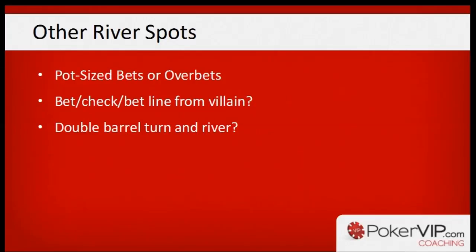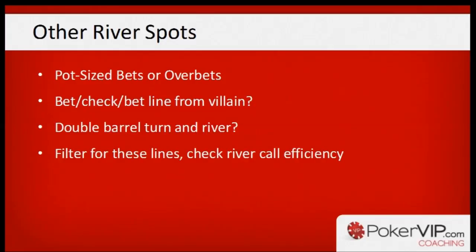We're probably also interested in reviewing situations where our opponents double barrel the turn and river. Maybe the flop gets checked through and they double barrel turn and river. Maybe they call our flop c-bet in position, and then when we miss our turn c-bet, they decide to go for a double barrel. So have a look at these spots, have a look at your calling range, have a look at your river call efficiency, have a look at what the average player is showing up with, and try and establish whether they are weighted towards value or weighted towards bluffs.